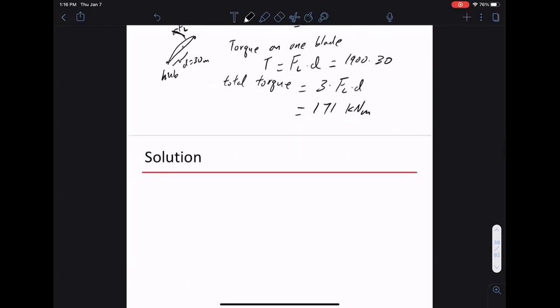But how do I translate this to power? How does the mechanical torque translate to mechanical power? Anybody remember? It has to do with the rotation speed, which is given. Anybody remember what the equation is?